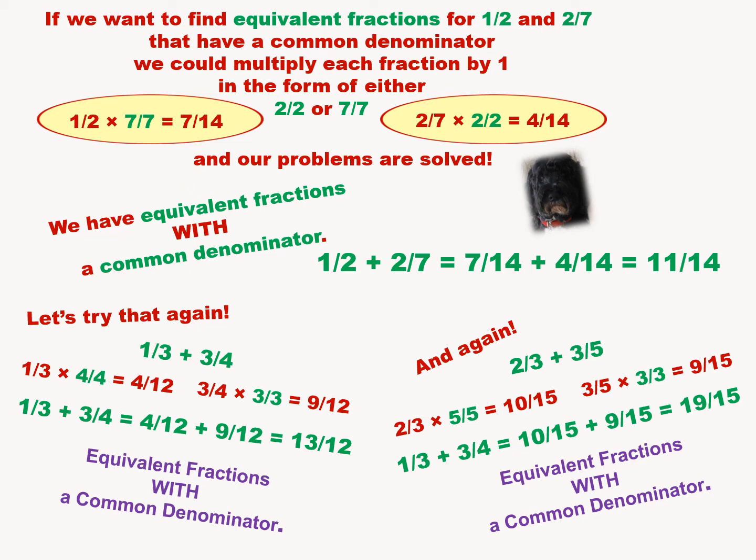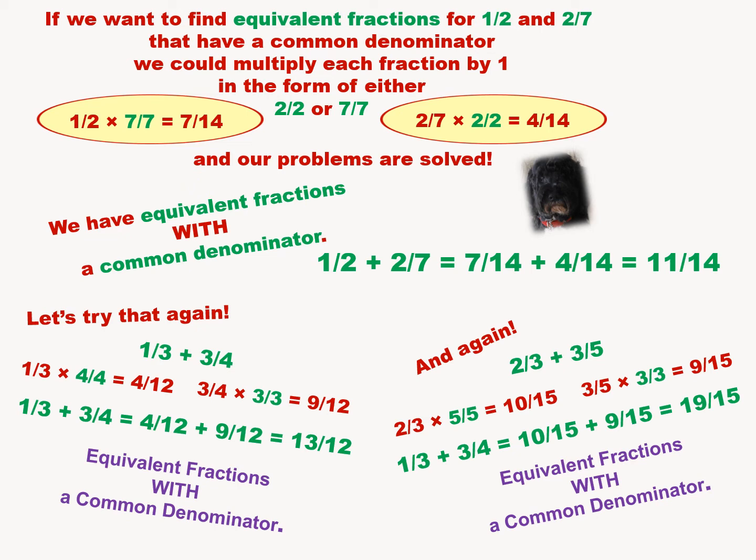Remember, we're multiplying 3/4 by 1, so 9/12 is equal to 3/4. And when we add 1/3 and 3/4, we're doing the same thing as adding 4/12 to 9/12, and the answer is 13/12.